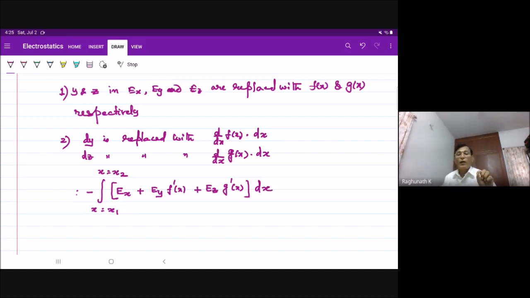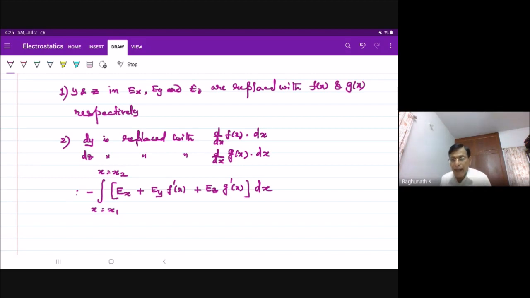Because there are cases where we will be asked to determine whether the field is conservative or not. If the field is conservative, the potential difference between the points A and B, defined in this as VBA, should be independent of the path followed.